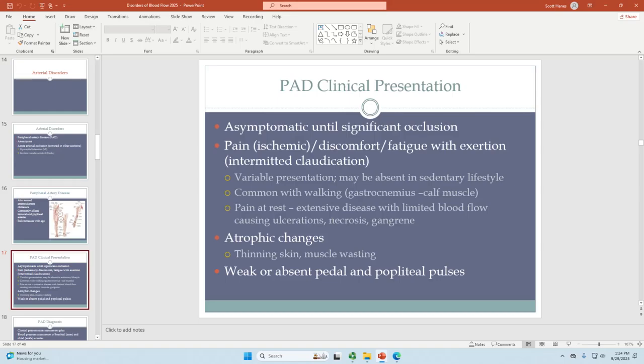Then you can become symptomatic, particularly with exertion, okay? Because your body needs more oxygen, more blood. If you can't supply that, that's when you tend to get the signs and symptoms. The most common signs and symptoms associated with peripheral arterial disease, because it occurs in the legs, will be discomfort and fatigue upon exertion. Most commonly, most people will feel this in the calf because it's below where that plaque is present, and the calf muscle uses the most oxygen of that lower extremity.